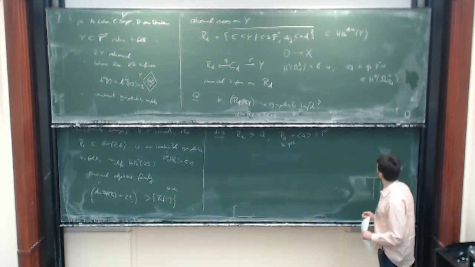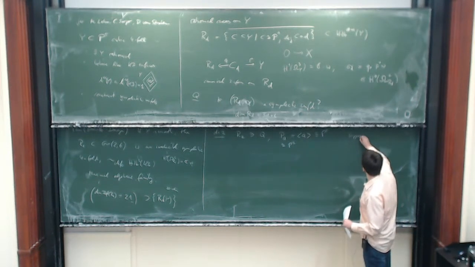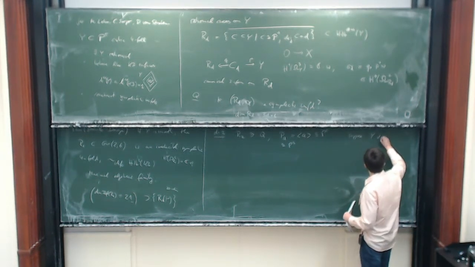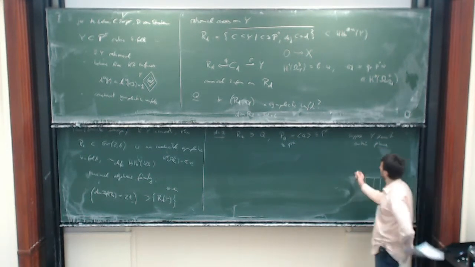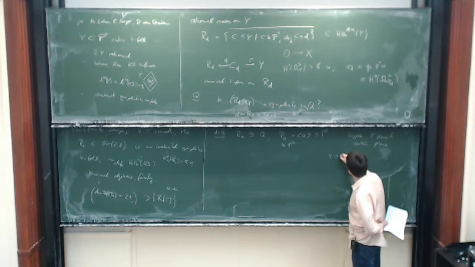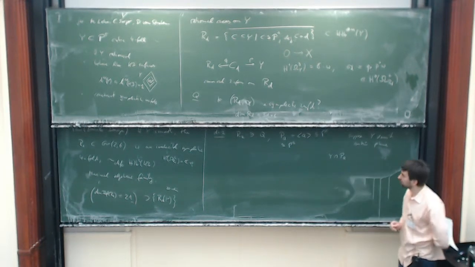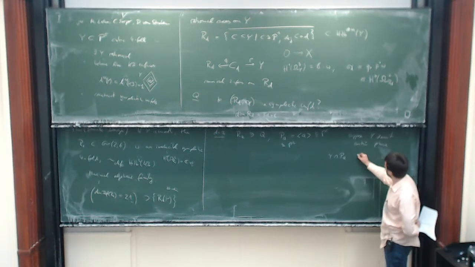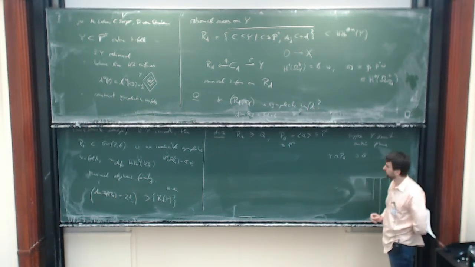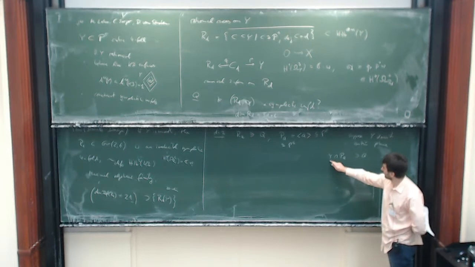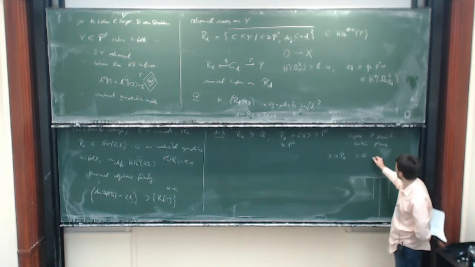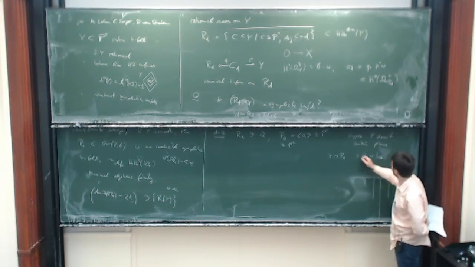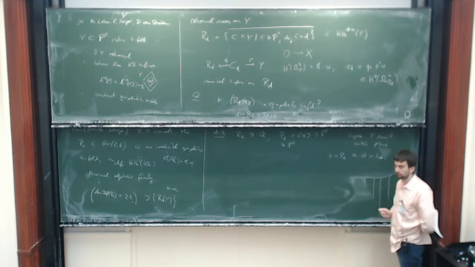And now suppose that Y doesn't contain a plane. Then we can look at the intersection with this P2, right? And we know that it already contains the conic. I mean, this is a degree 3 curve in P2 containing already a degree 2 curve, so there's one residual line, and that's already all of it.